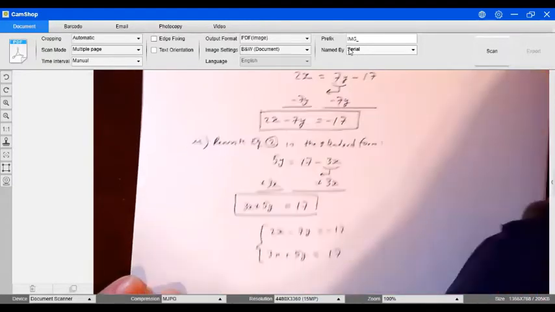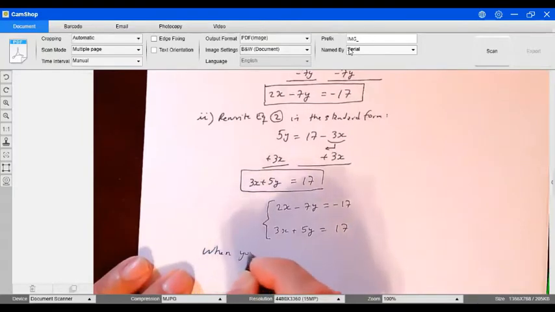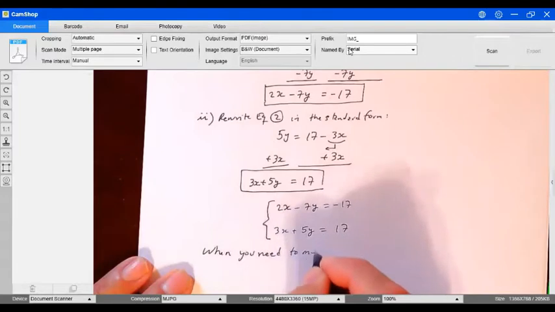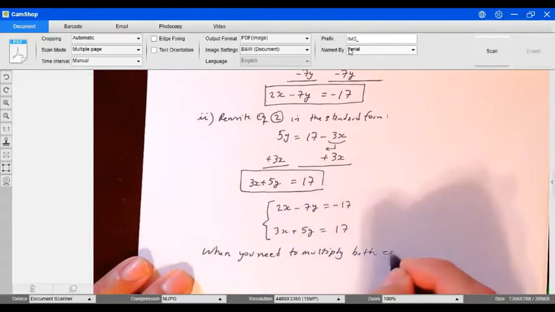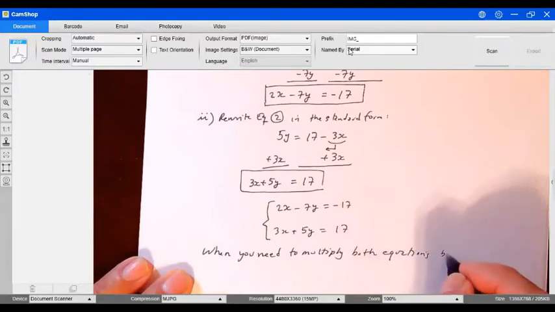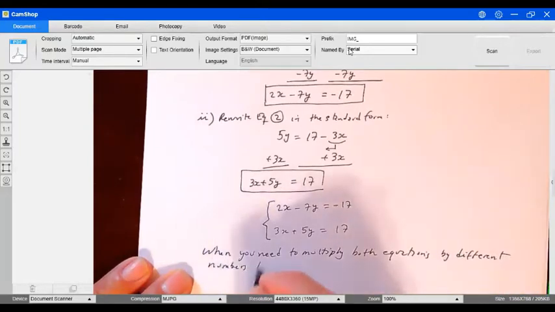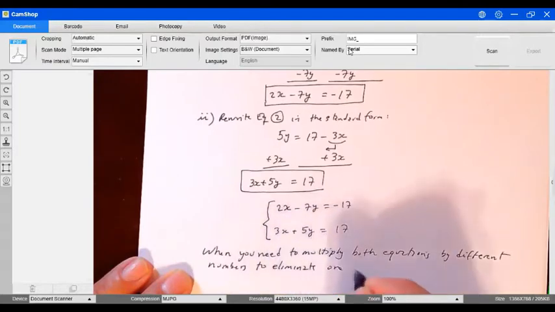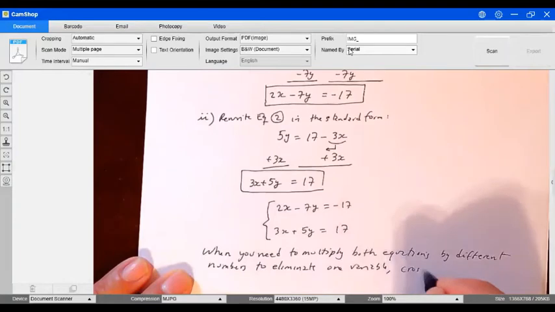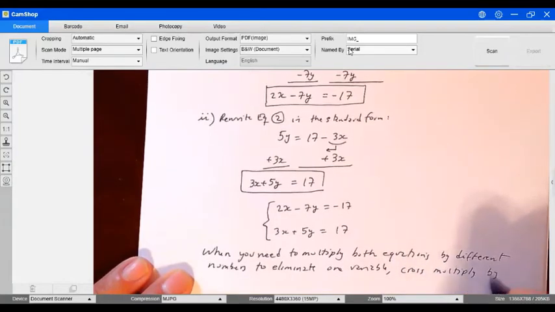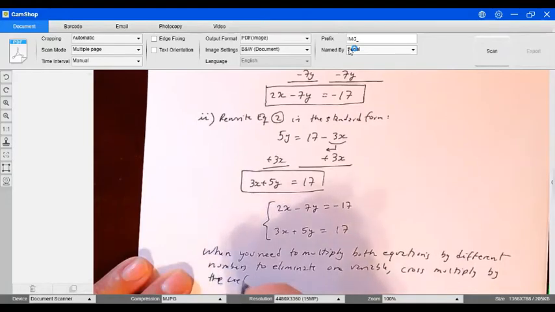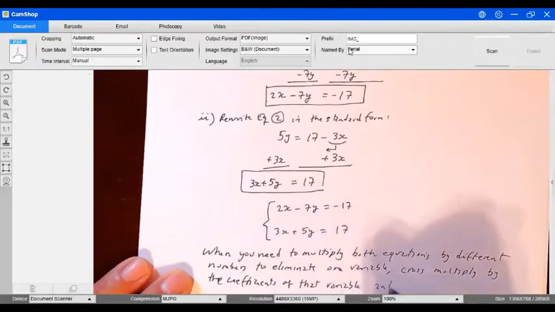So when you need to multiply both equations by different numbers to eliminate one variable, then cross multiply by the coefficients of that variable and switch signs if needed.